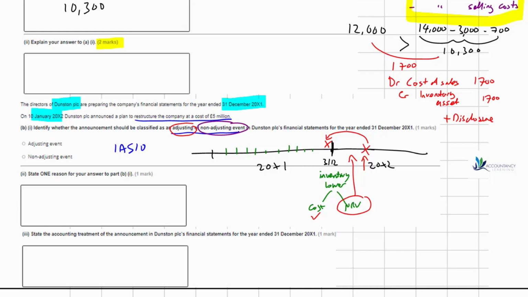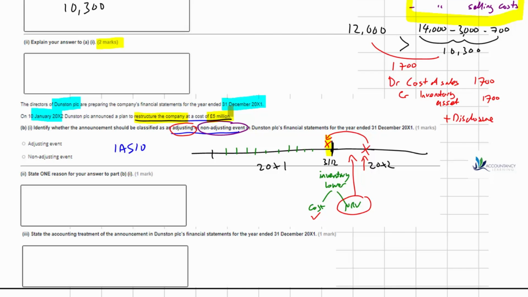Now, in our particular example, it's asking us about this restructuring of the company. Was the restructuring a condition that existed at the year end? Well, no, there was a plan, but there was no restructuring in progress. And because the conditions did not exist at the year end, there should be no double entry for the £5 million.